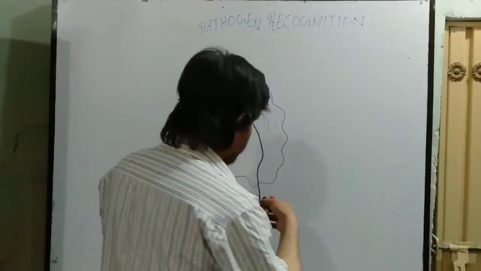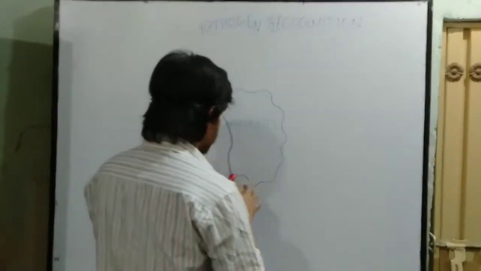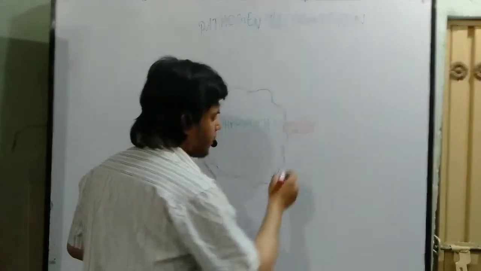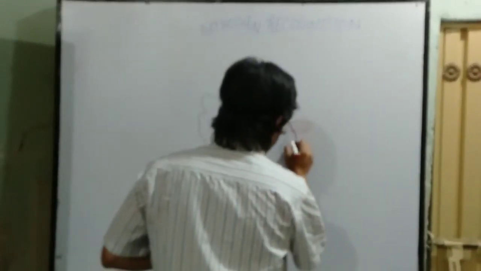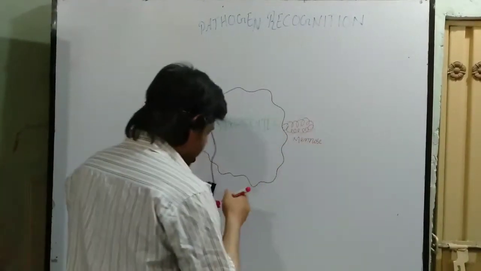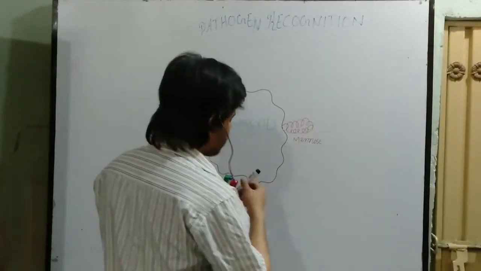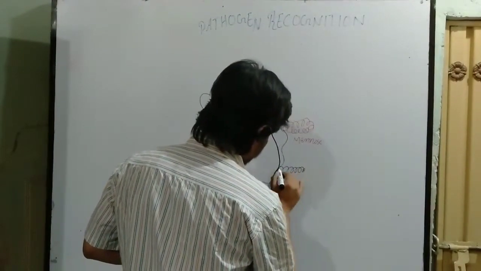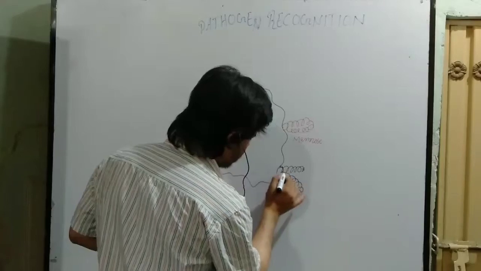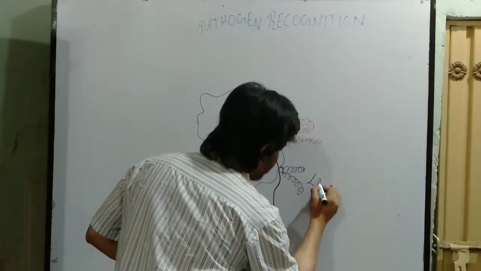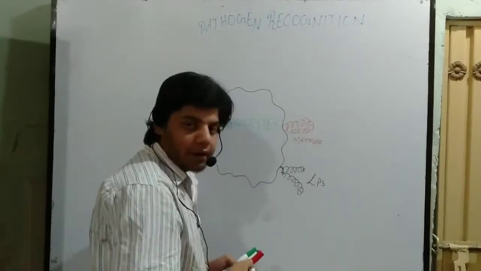On the surface of the phagocyte there are different kinds of receptors, so let me draw each of them. This is the first receptor, which we usually call the mannose receptor. They contain another receptor. This receptor is called the LPS receptor, the lipopolysaccharide receptor.